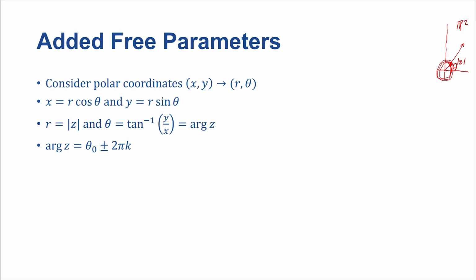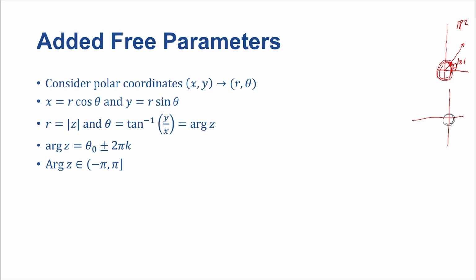But we do rectify this by considering the principal argument of z, which we restrict to be between negative pi and pi. So we go from negative pi all the way around and get back to pi.